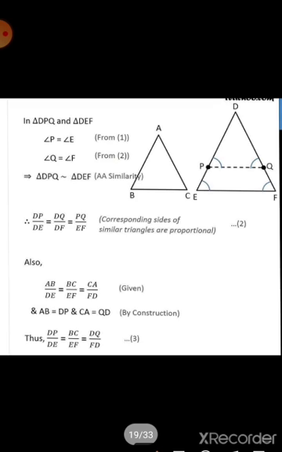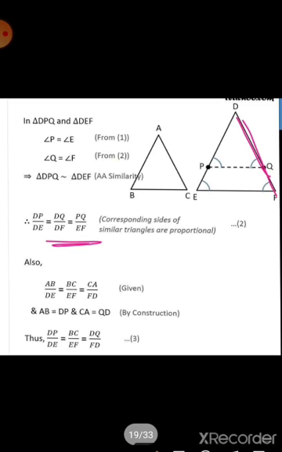D is common, angle P is equal to angle E, and angle Q is equal to angle F. So, by angle similarity, triangle DPQ is similar to triangle DEF. If they are similar, the ratios of corresponding sides are equal: DP by DE is equal to PQ by EF is equal to DQ by DF.